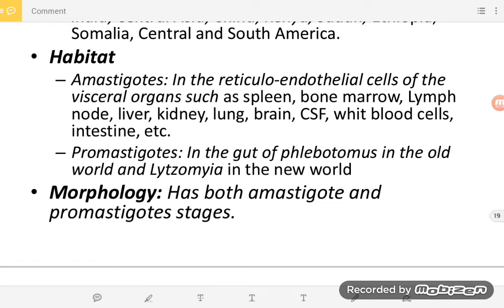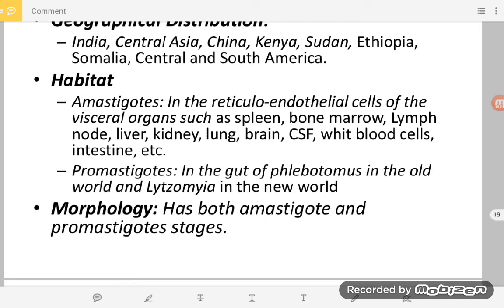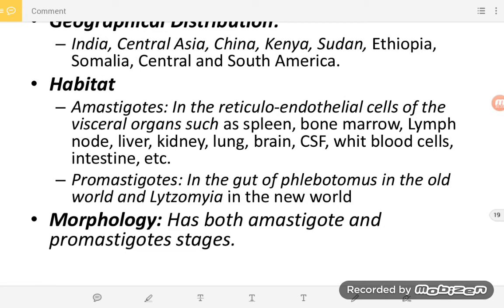So especially in humans, the amastigote form is seen in humans. So if they ask about the Leishmania donovani specimen, you have to think where it is present.